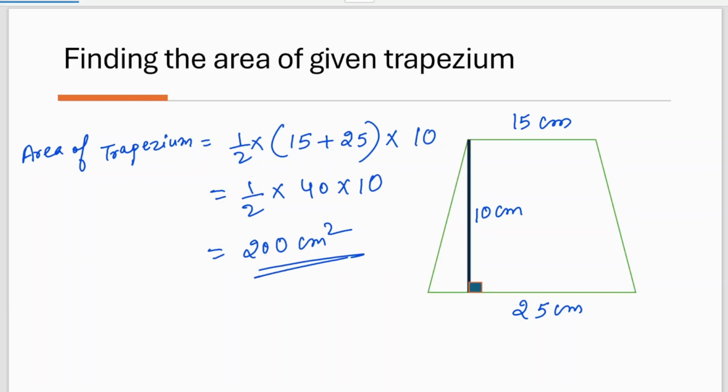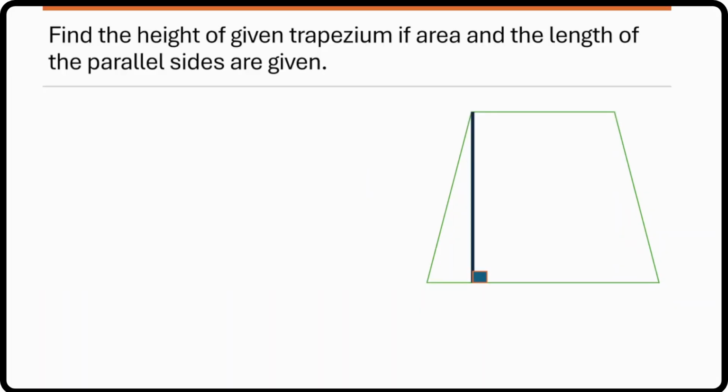Now the next question. Let us find the height of a trapezium if the area and the lengths of the parallel sides are given.